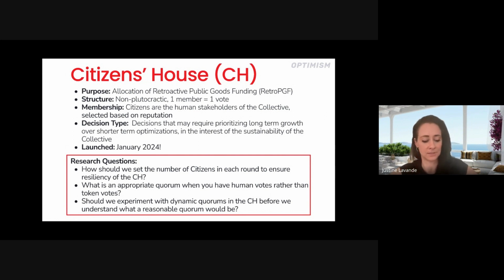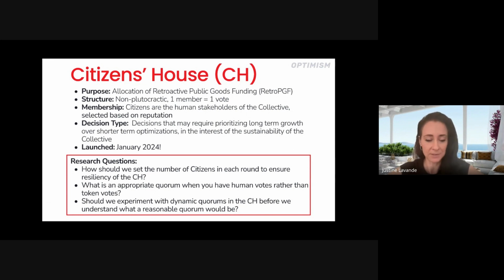The idea is over time, we build up a graph of attestations, and then the citizens themselves will vote on what the set of attestations required to be considered a citizen is. The Citizens House is meant to make decisions that require prioritizing long-term growth over shorter-term optimizations, or basically focusing on the sustainability of the system.